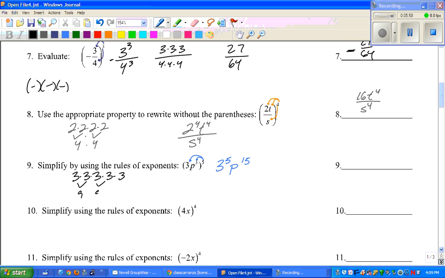Well, that's 9. And just bring the 3 down. You know, 9 times 9 is 81, so 81 times 3. So 243 p to the 15th.